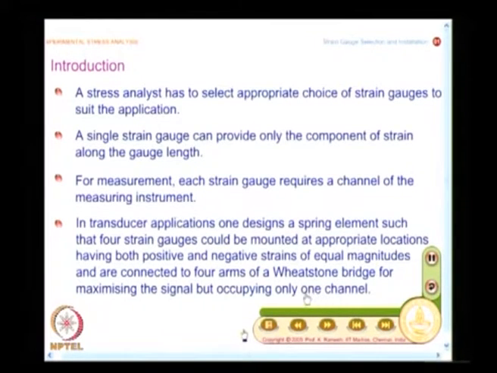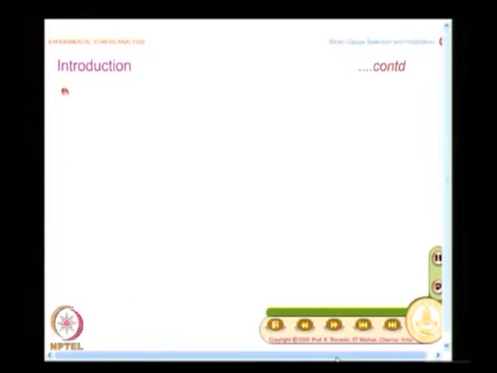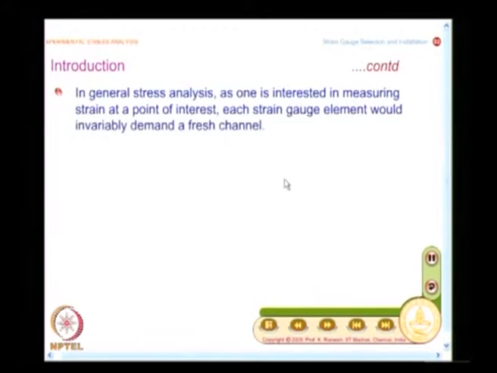So, what decides the channel is how many Wheatstone bridges that you are going to use for measurement. So, do not make a mistake. If you have a delta rectangular rosette, connect all of them in one Wheatstone bridge. You do not have any interpretation to such type of connection.